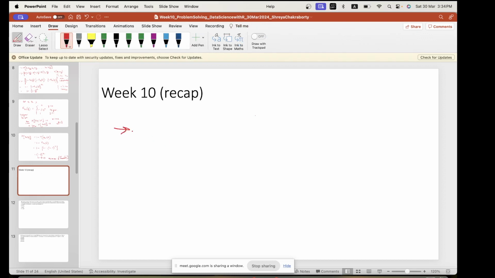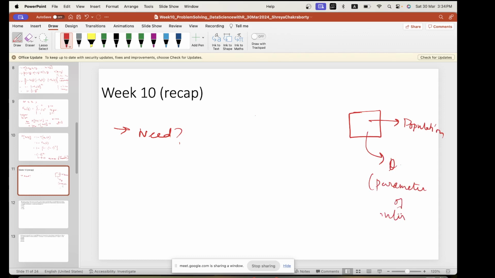First we discussed what is the need. Suppose we have a population, and we have some parameter of interest theta. Now we want to know the value of theta.